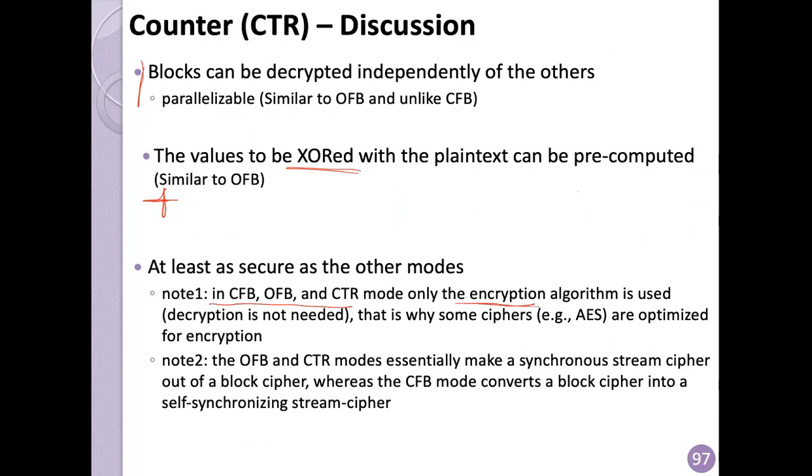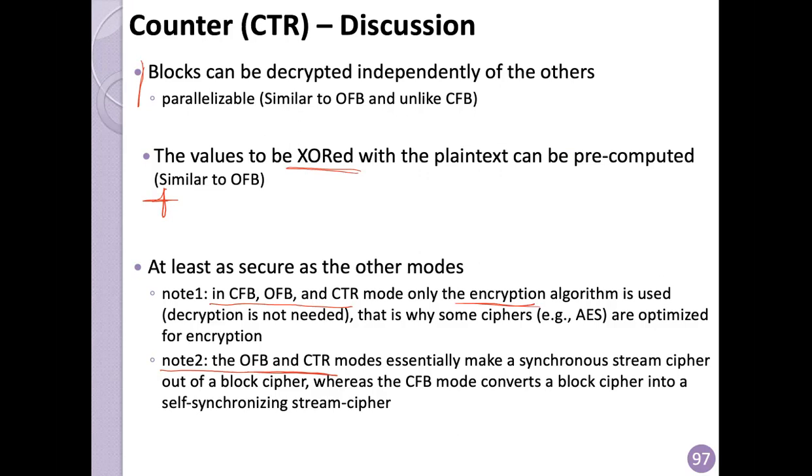We don't need to do the decryption. That's why sometimes we hear more about encryption and less about decryption. And here is another point: output feedback and counter mode make a synchronous stream cipher. And cipher feedback makes self-synchronization.